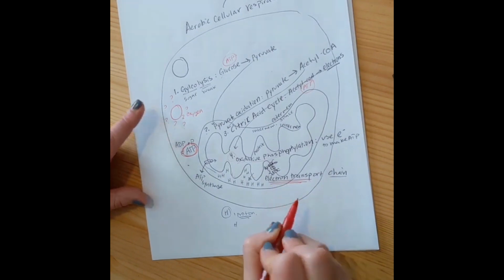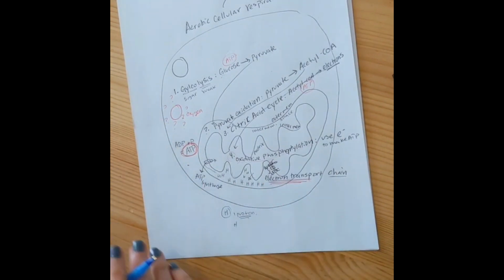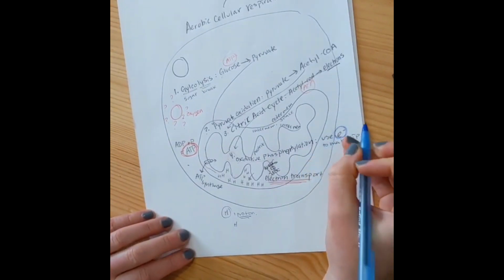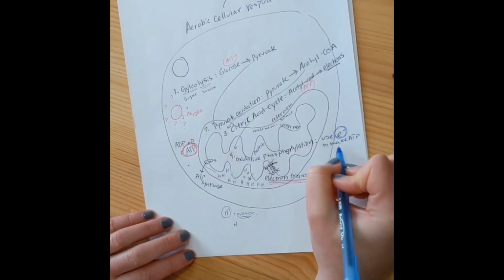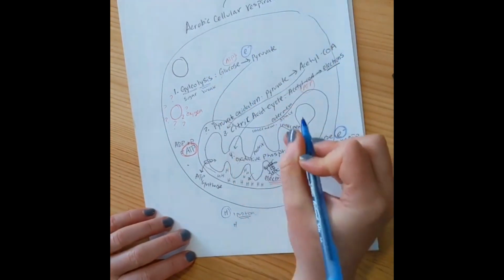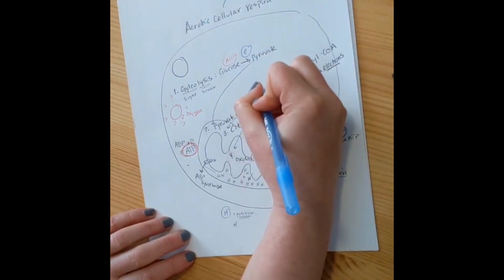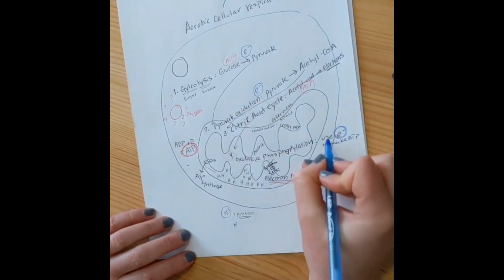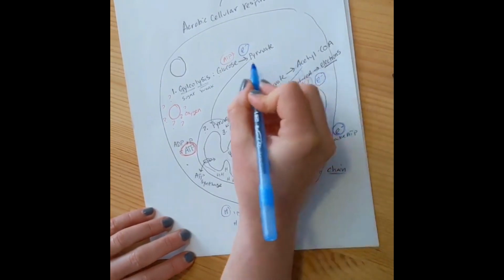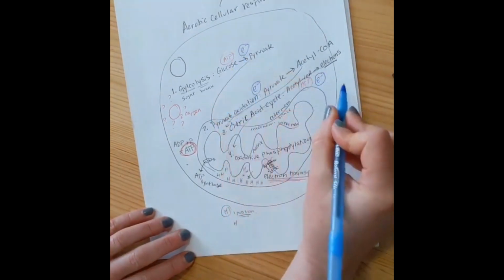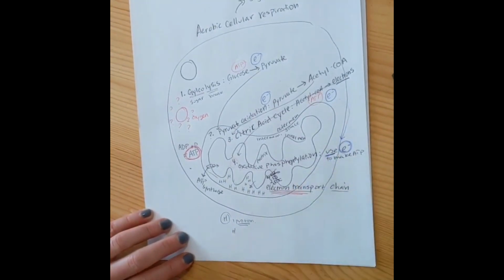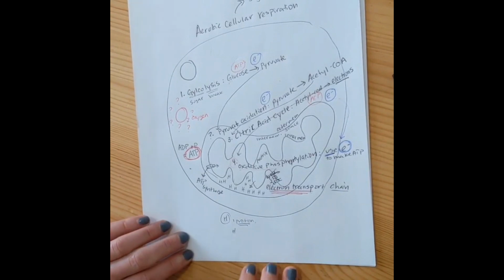And there's another thing to be aware of, and that's electrons. We're going to go more into detail about what these electrons are and how they're used. We're actually going to harvest some electrons in glycolysis, and some in pyruvate oxidation, and we're definitely going to get some in our citric acid cycle. And these 3 steps are where we're going to get the electrons that we use during oxidative phosphorylation.